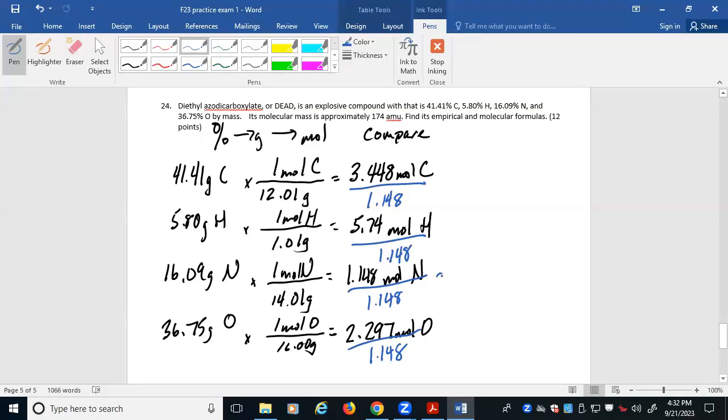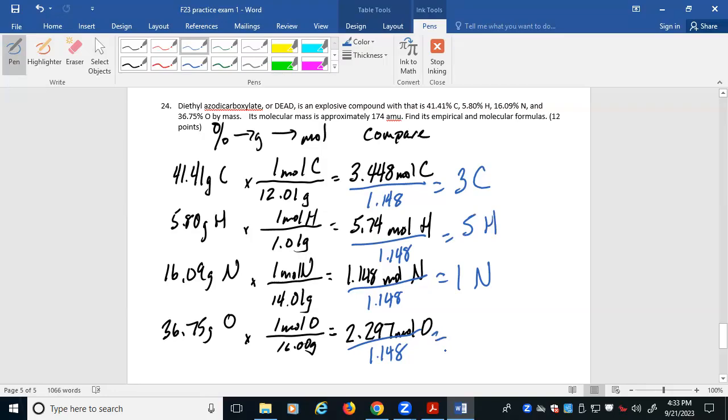So out of this, I'm going to get 1 nitrogen. For the carbon, I'm going to get 3.003, so that will round to 3 carbons. For the hydrogen, I'm going to get 5 hydrogens, almost exactly.